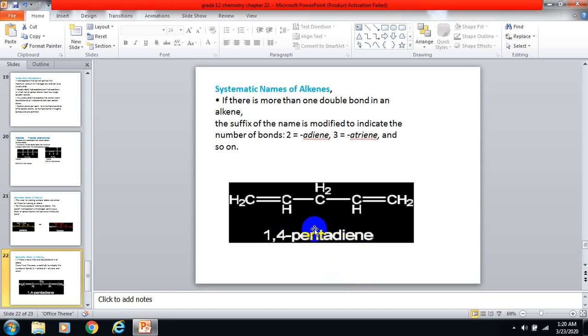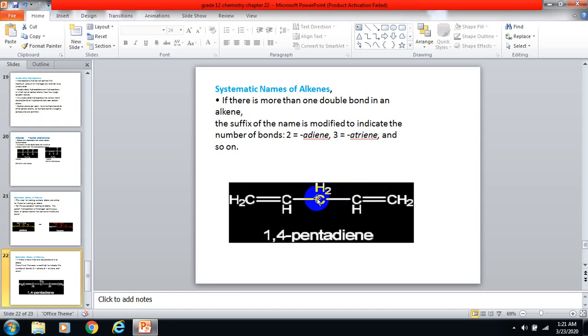Pentadiene. Now look at from where. From here, 1, 2, 3, 4. From here this is 1. Again 2, 3, 4, so 4 will be here. Now count 1, 2, 3, 4, 5.